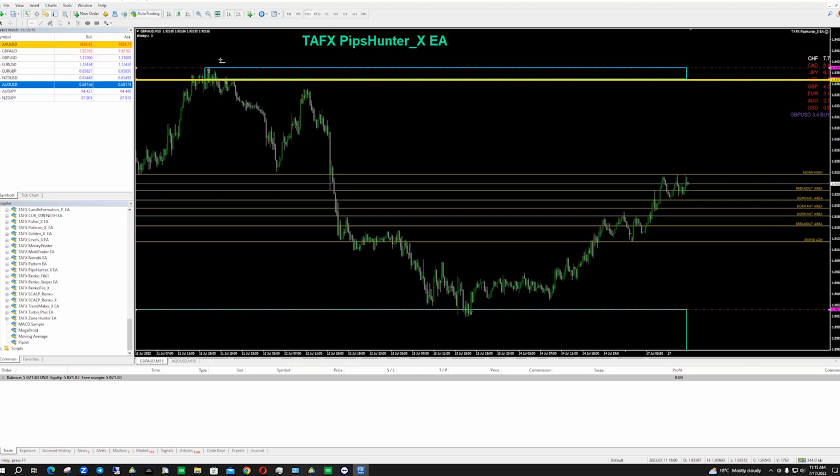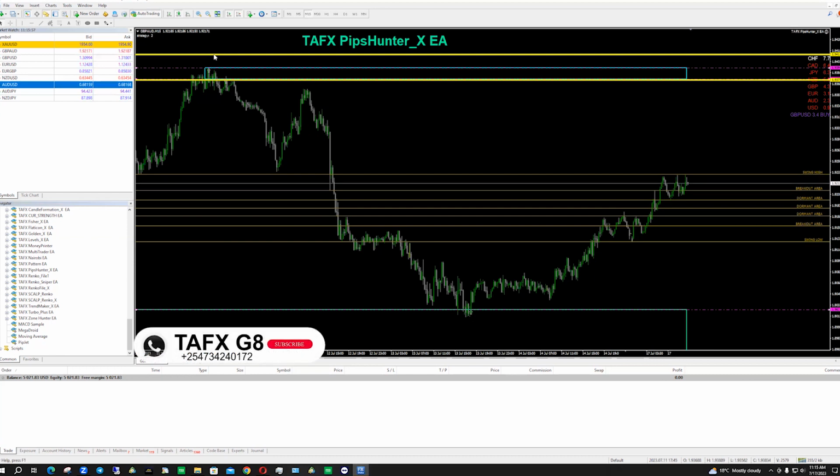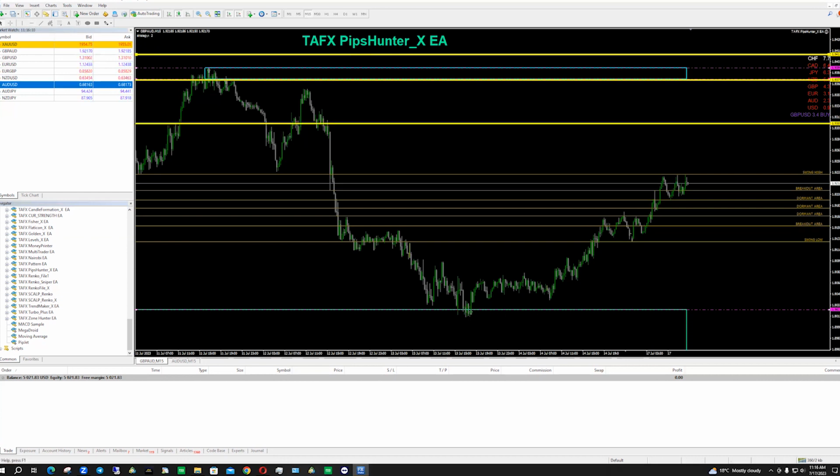Now, if the market will break this area, our stop loss will be at 30 pips or 20 pips. According to the target of the profit, it should be double. So if I will put my stop loss at 30 pips, this means my take profit or my trailing should be at 60 pips.